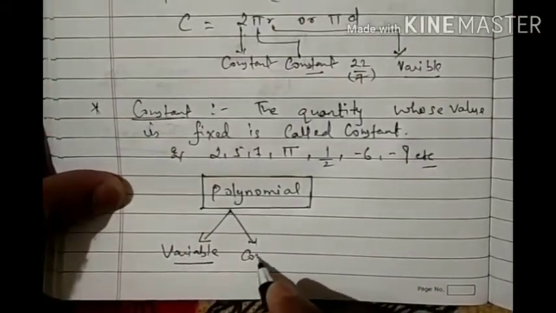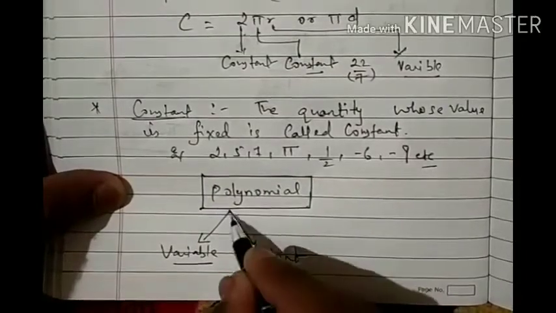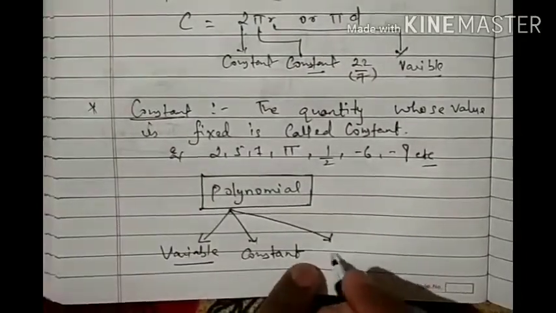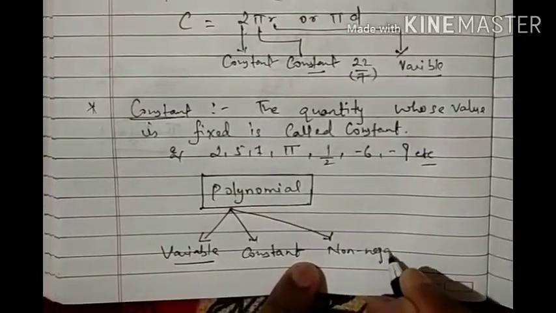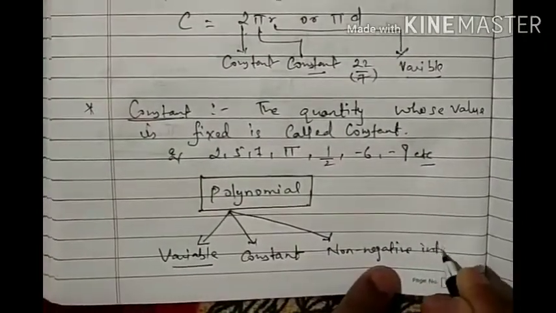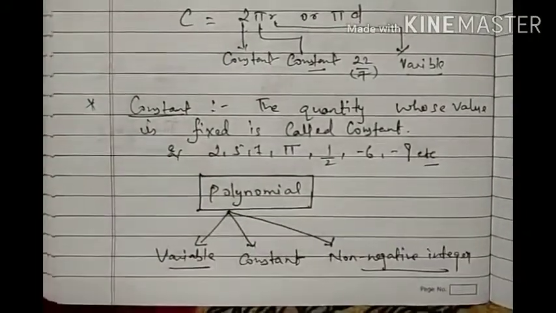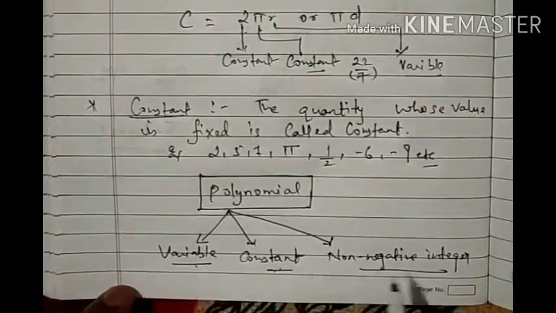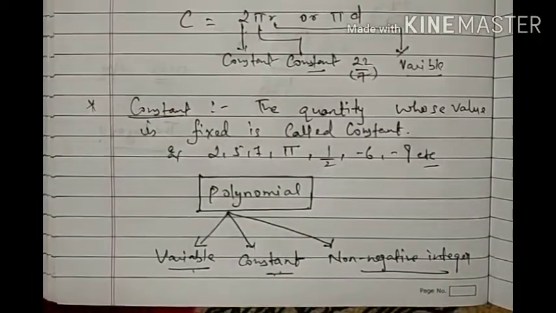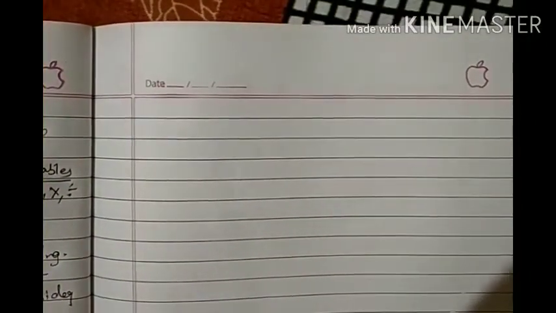Second thing is constant, and the third thing is non-negative integer. We all are aware with variable and constant. Now we will study non-negative integer.